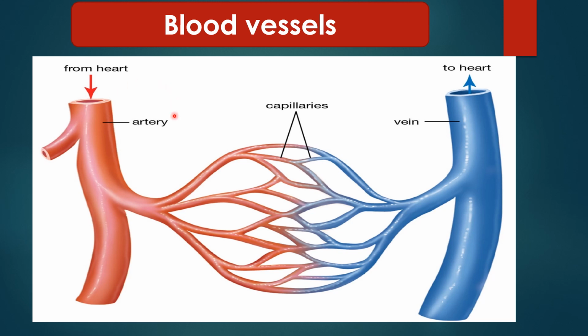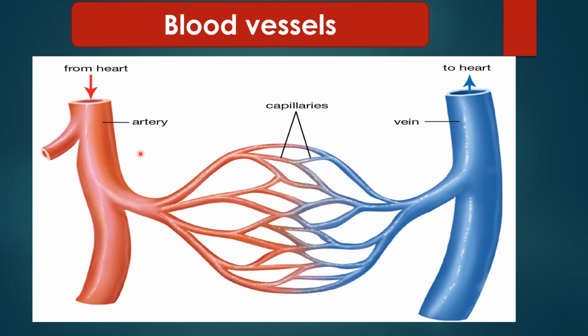Arteries, which carry the blood from the heart to the other parts of the body. We have veins that carry blood from the parts of the body to the heart. And we have tiny blood vessels called capillaries.